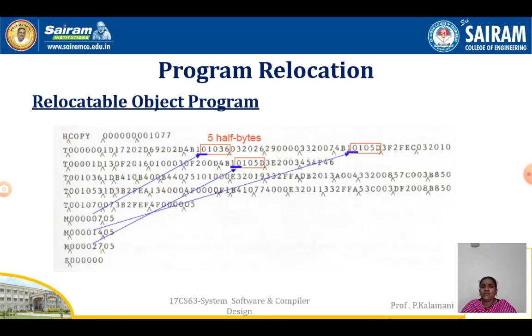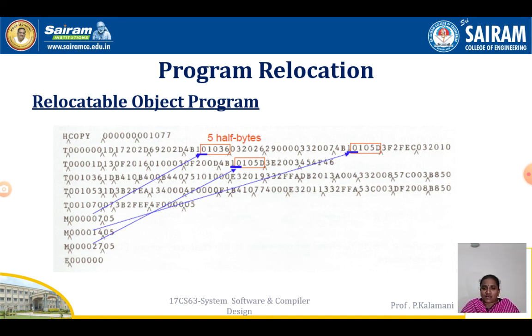For example, in the relocatable object program, how the input should be given: we have a header record, then text records, one header record and 5 text records. Along with that, we have specified 3 modification records. In that, for example, the first one: modification is required at 01036. That address modification is required. How many half bytes? 5 half bytes. So that is one modification record. Next, the address 0105D needs a modification, again 5 half bytes.